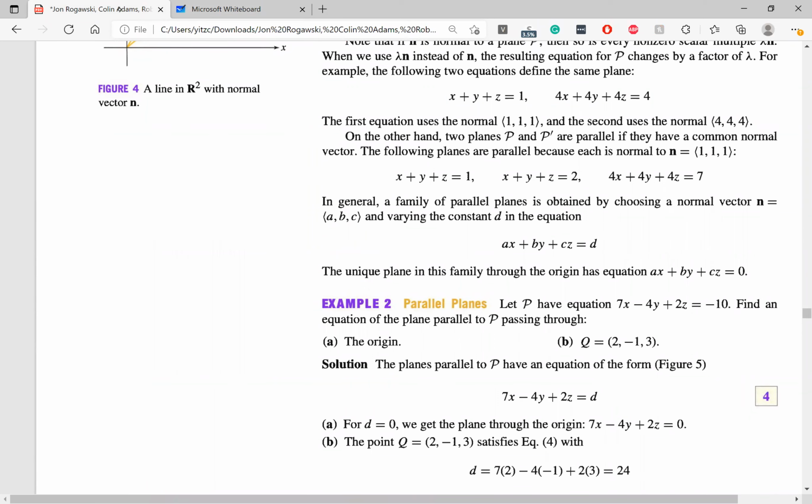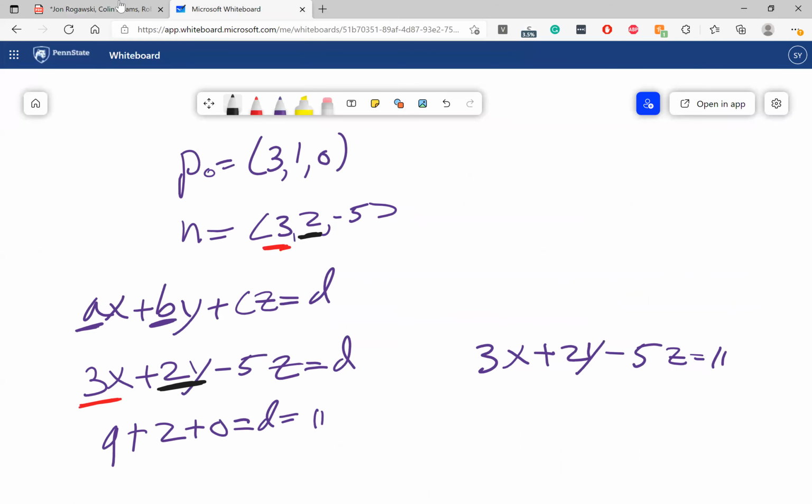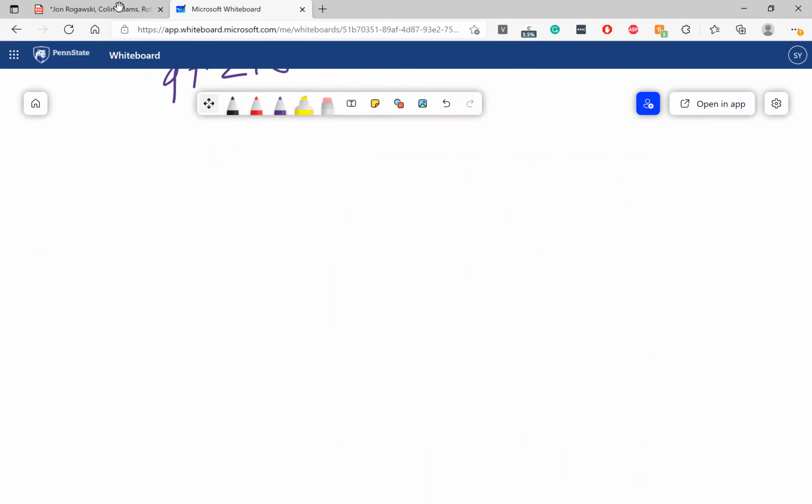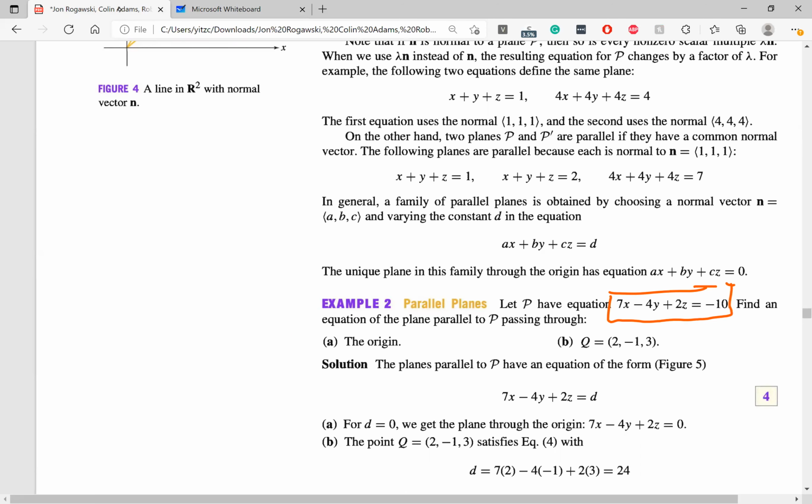So the next example that they tell us is we have an equation of a plane and we want to find an equation of the plane that's parallel to it. The first one says it passes through the origin, and the second one says it passes through this point Q. So let's write this: 7x minus 4y plus 2z is equal to negative 10.